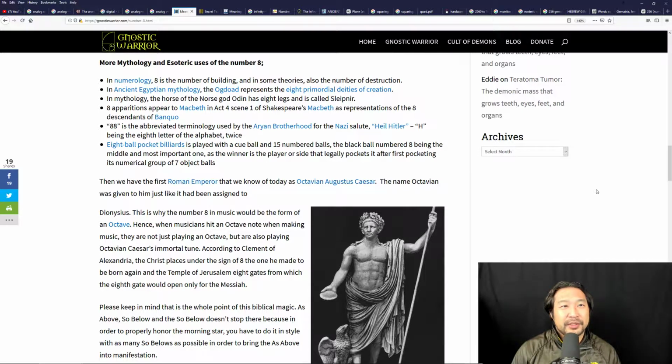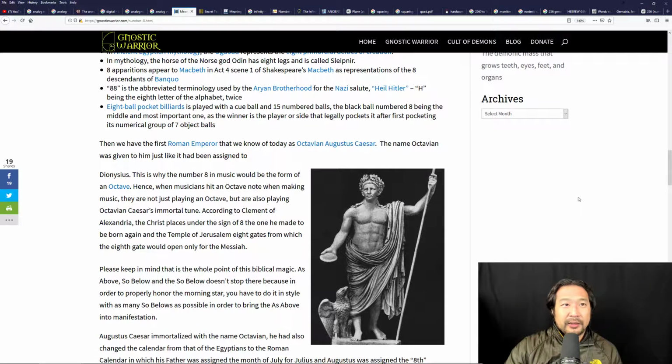The 8 apparitions appear to Macbeth in Act 4, Scene 1 in Shakespeare's Macbeth as representations of the 8 descendants of Banquo. 88 is the abbreviated terminology used by the Aryan Brotherhood for the Nazi salute, Heil Hitler, H being the 8th letter of the alphabet twice. 8-ball pocket billiards is played with the cue ball and numbered 15 balls, blah blah blah. Oh, remember the Magic 8 Ball?